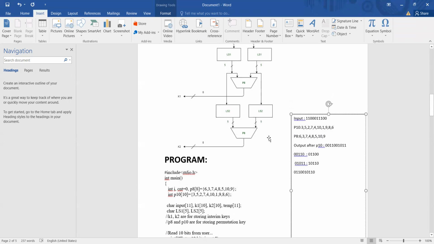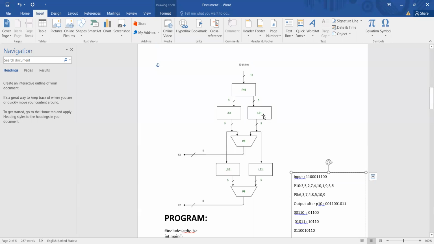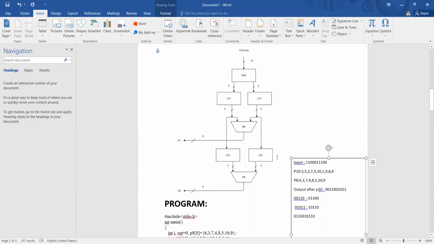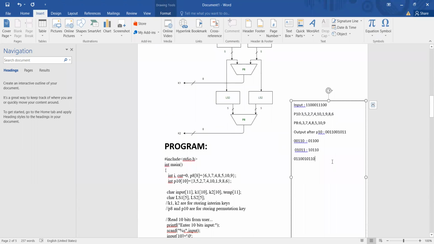Now we are at this position where we are done with our left shift once, and we are going to send these 10 digits to the compression box, where 10 digits are converted into 8 digits with the help of this P8 elements.